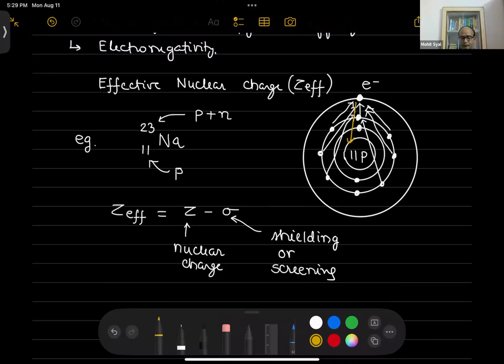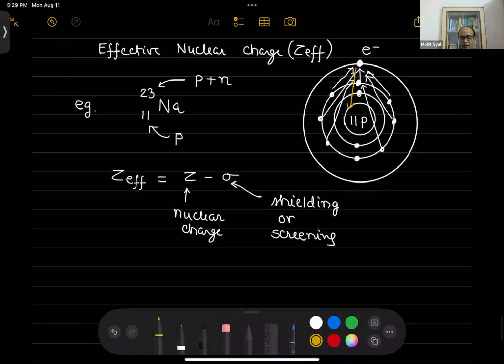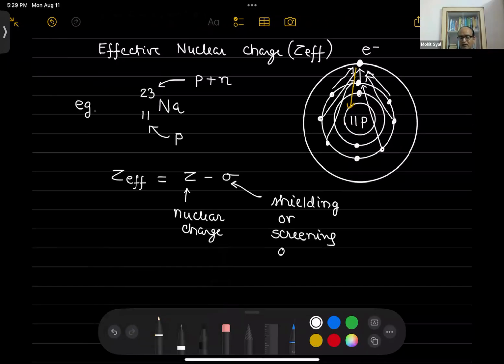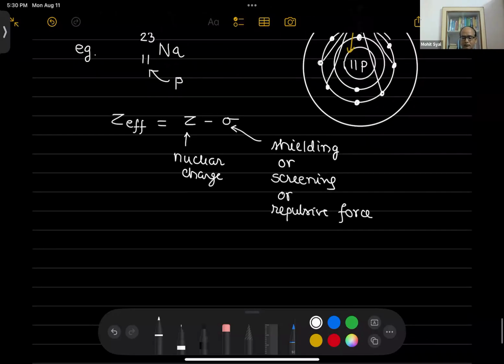So shielding, or screening, is the repulsive force caused by the electrons of the inner shell.